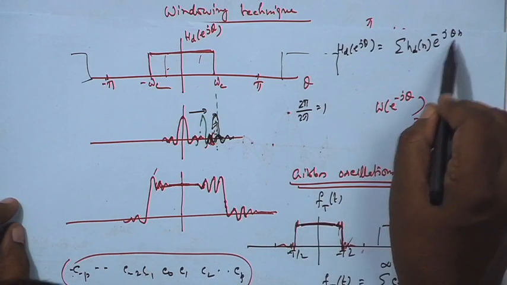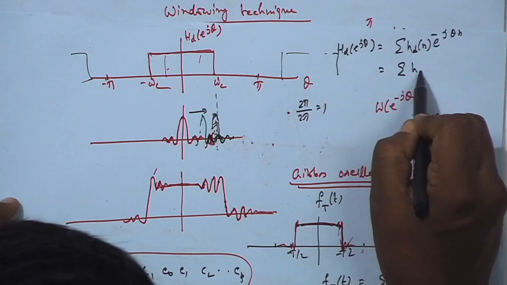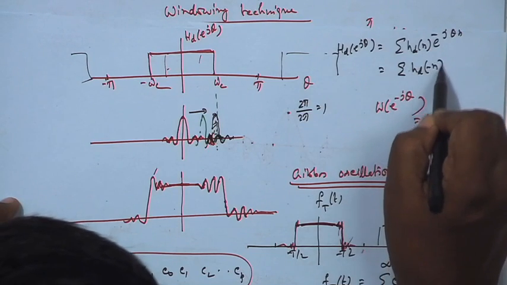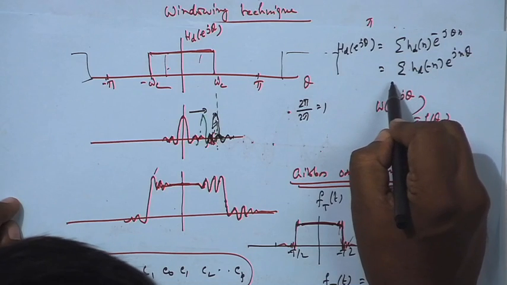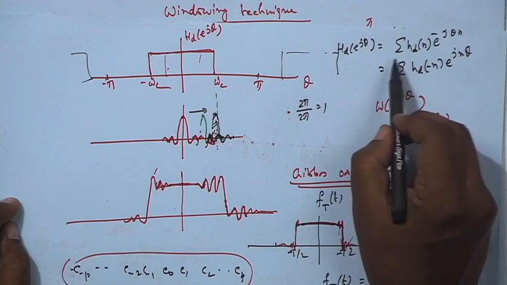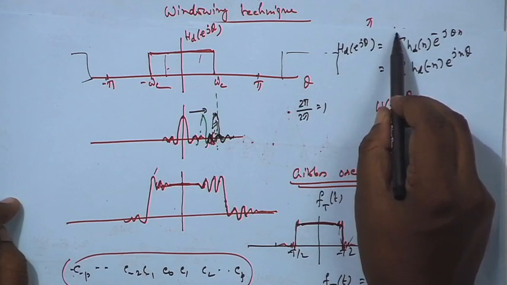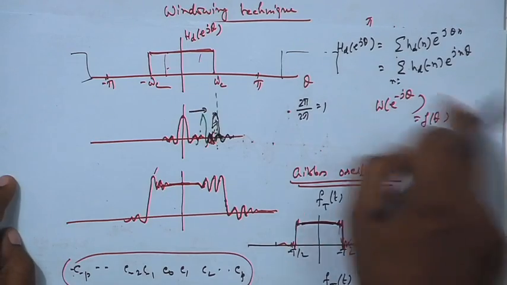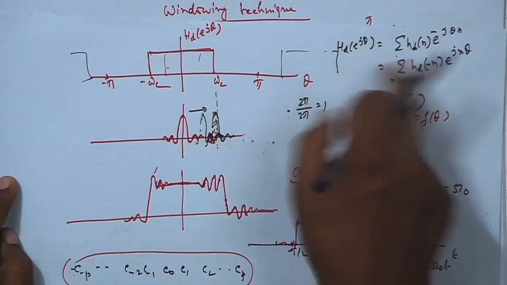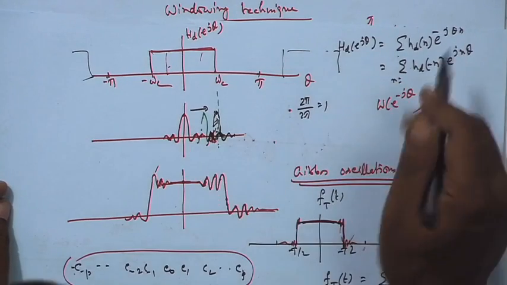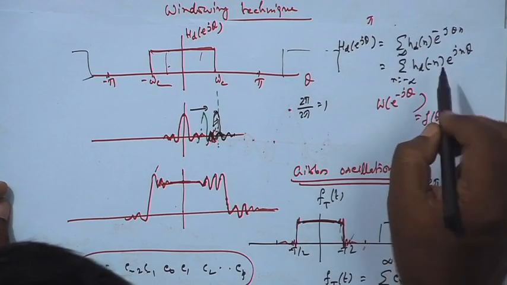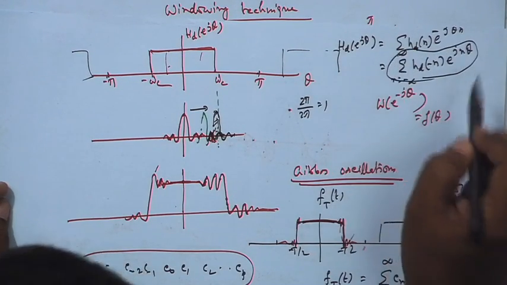And you can write the n times this way also: in H d you replace n by minus n, giving e to the power j n theta. You replace n by minus n, so it should go from plus infinity to minus infinity, but it does not matter whether we start from plus infinity to minus infinity or minus infinity to plus infinity. The number of points covered in the discrete sum is the same, whether you go from left to right or right to left. So, this is actually the Fourier series expansion.